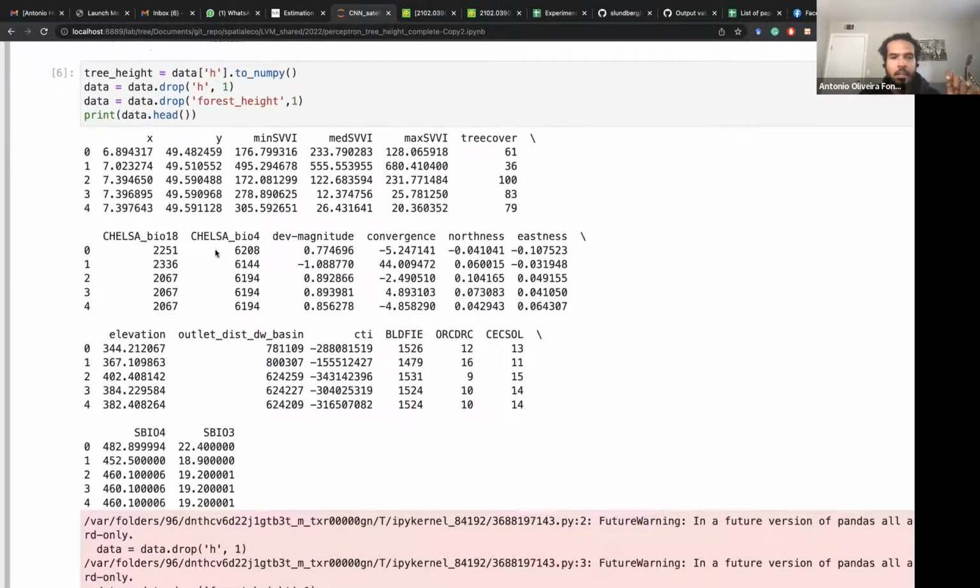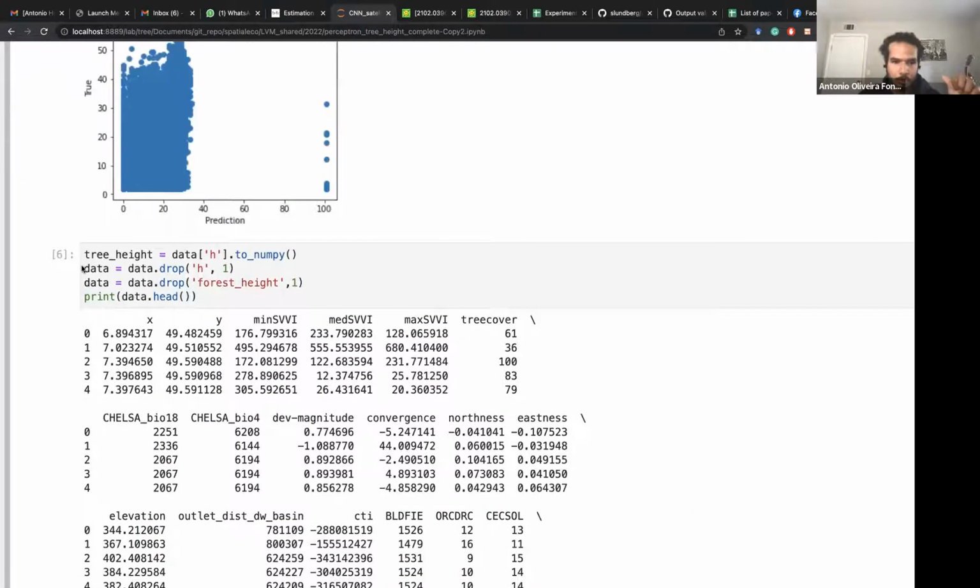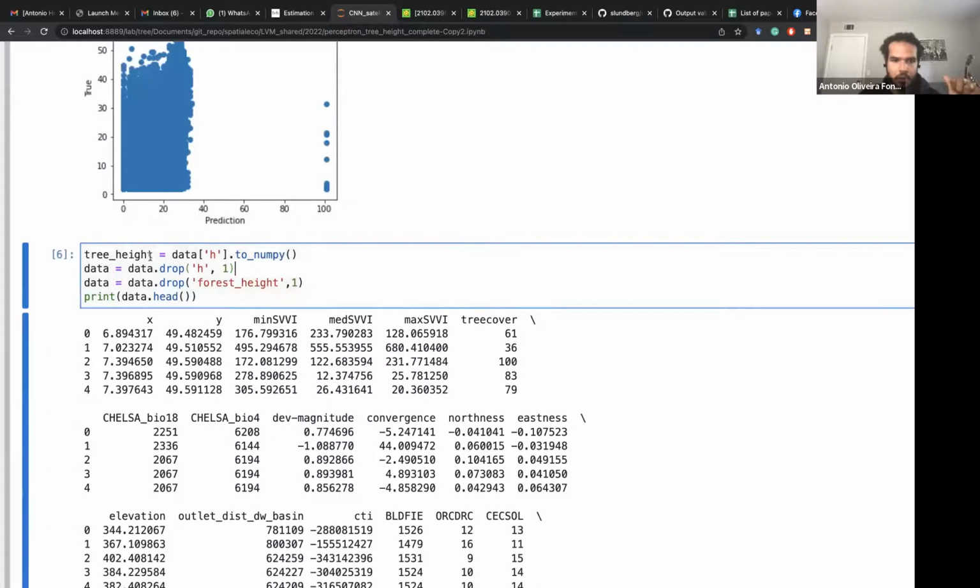And I'm going to remove the H from my data, because I don't want to train my network on the value that I'm trying to predict. The networks would find out that it's a very good way to predict the tree height if I use the tree height as one of the predictors. So you want to remove that variable from the data.